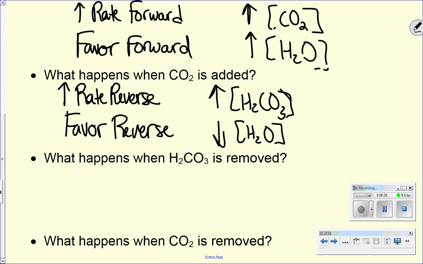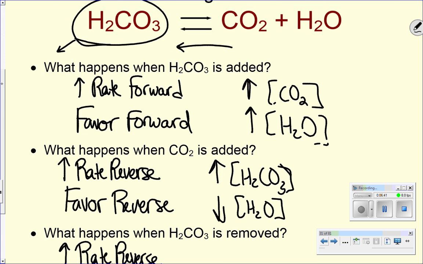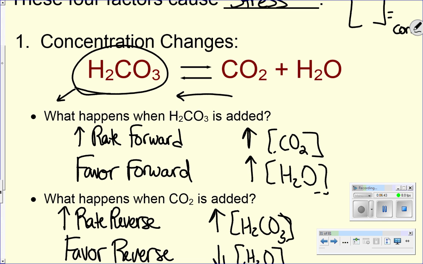So what's actually happening here is I'm increasing the rate of the reverse reaction. In other words, I'm favoring the reverse reaction. What's happening because of that is, as I'm removing the H2CO3, the system's trying to replace it.